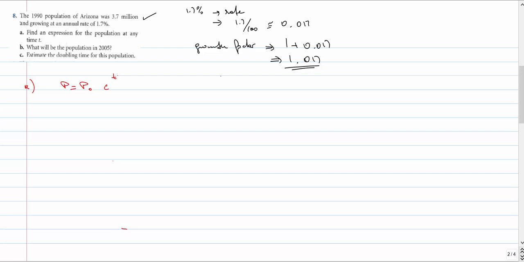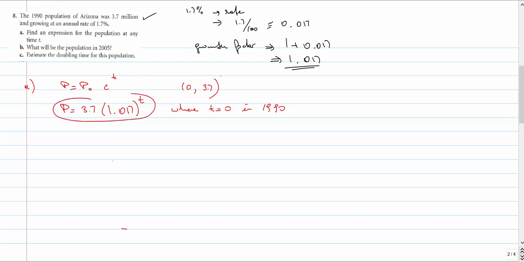If t is the number of years since 1990, then we have the point 0, 3.7 as a data point. So P is equal to 3.7 times 1.017 to the power t, where t is 0 in 1990.